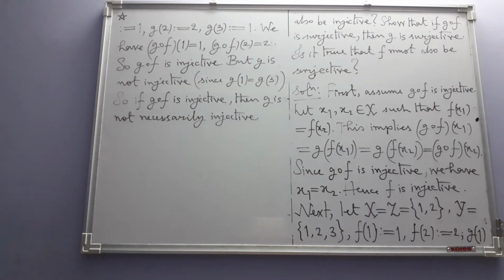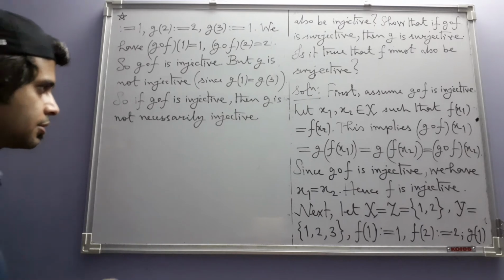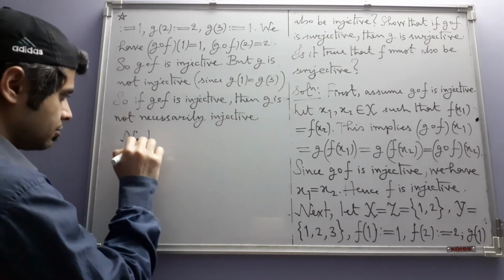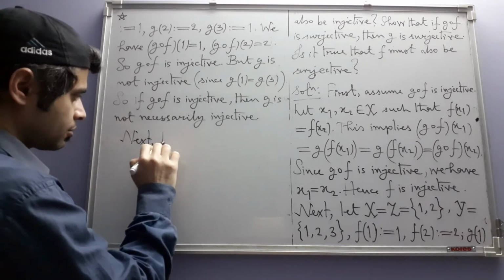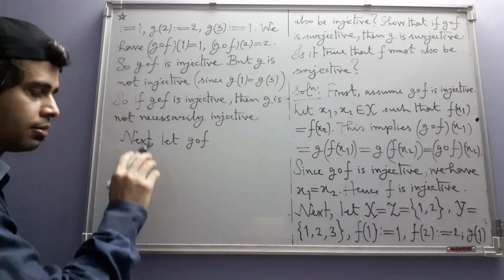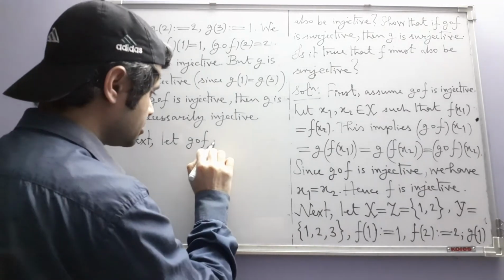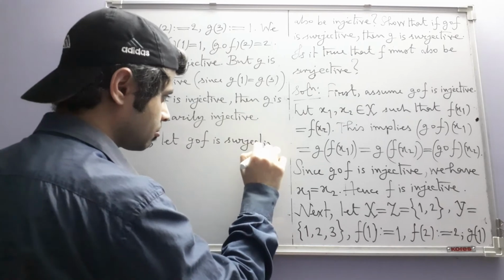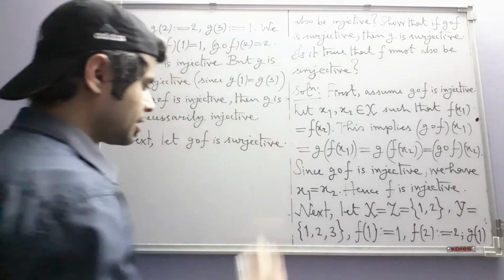Okay, so after this, again we have the second part of this exercise. Let's do that in another paragraph. Next, now our hypothesis is this: G composition F is surjective.